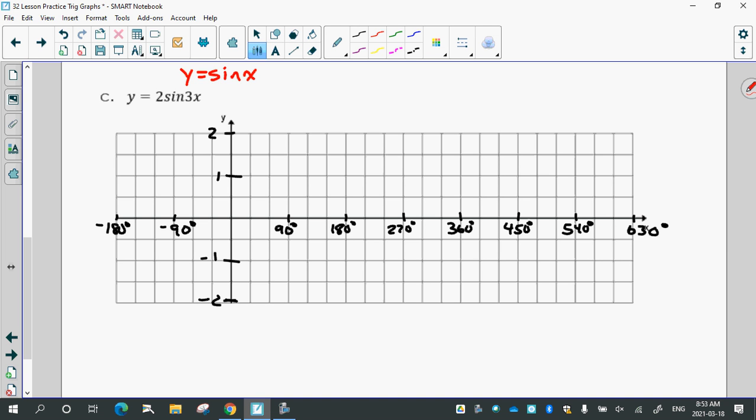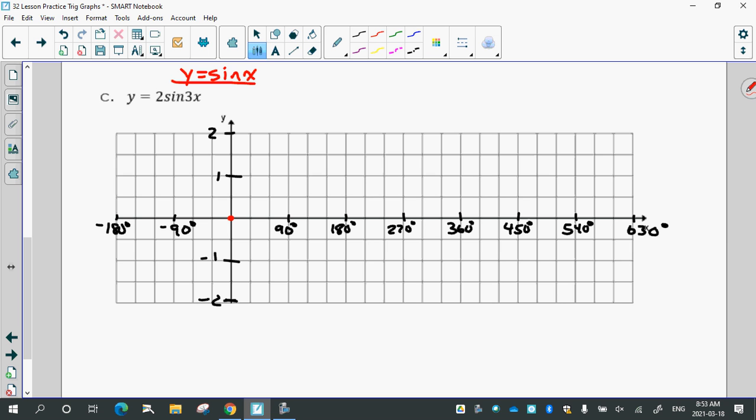And you want to draw one cycle of the parent using your pentagram. So sine is the one that starts at 0, 0. It looks like an actual water wave.